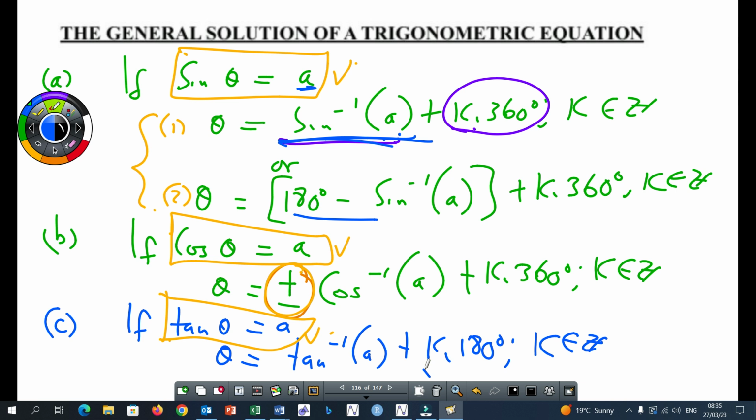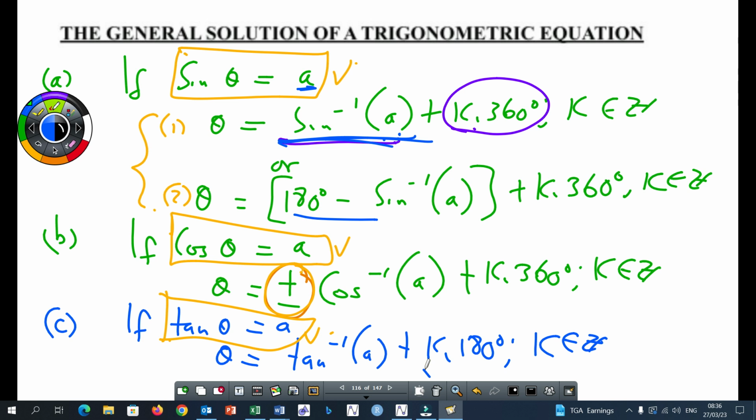The negative angle caters for the quadrant 4, the positive quadrant 1. If the ratio is negative, it means the plus becomes a minus, the minus becomes a what? A plus. So the positive and negative will cater for the second and the third quadrant. That plus or minus there, it caters for all the quadrants.